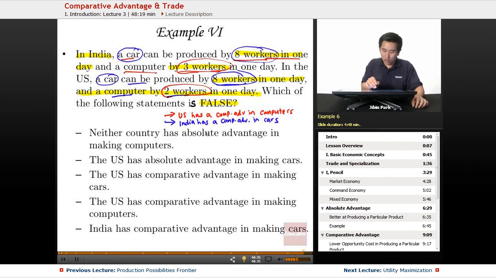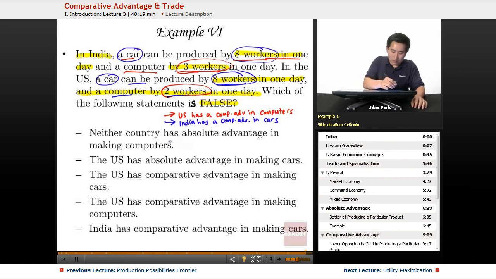So, neither country has absolute advantage in making computers. Let's take a look at that. Neither country has absolute advantage in making computers. A car can be produced by 8 workers, and a computer can be produced by 3 workers here, versus 8 workers for a car and a computer by 2 workers right here.